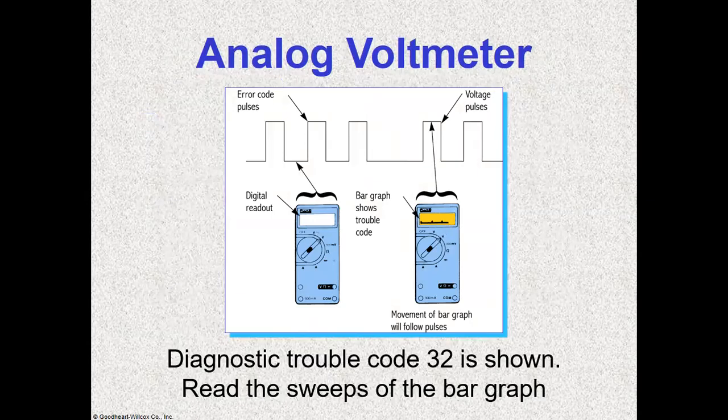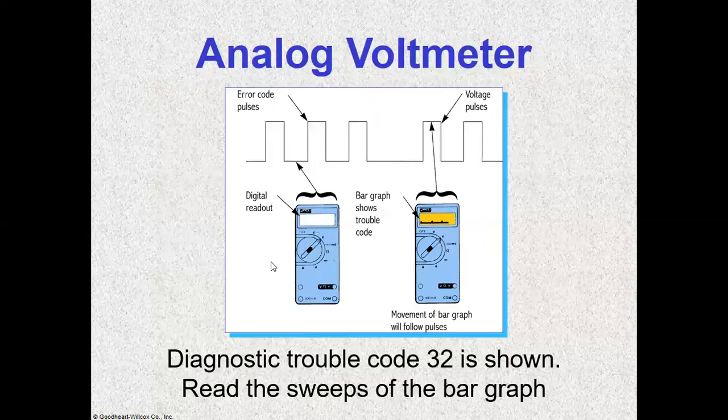So error code pulses. All right, so the digital readout bar graph shows trouble code. So diagnostic trouble code 32 is shown. Right?